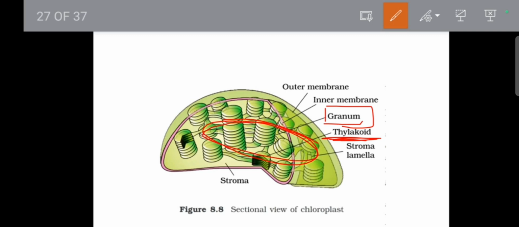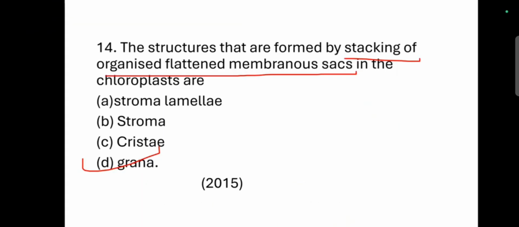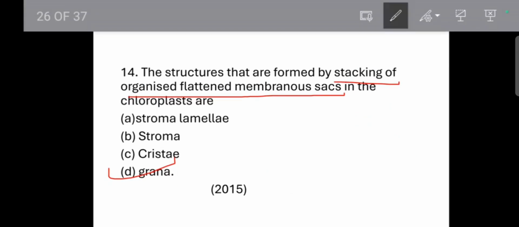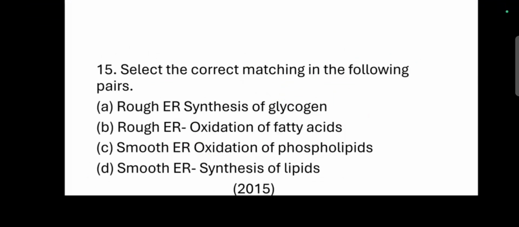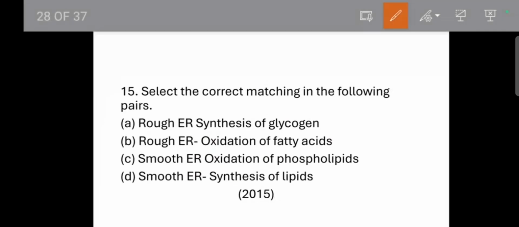The grana are connected by the stroma lamellae, and the space in the chloroplast is called the stroma. The space in an organelle is called the stroma; it is present in the mitochondria and also in the chloroplast.